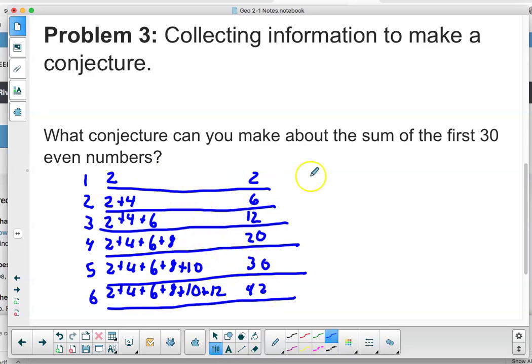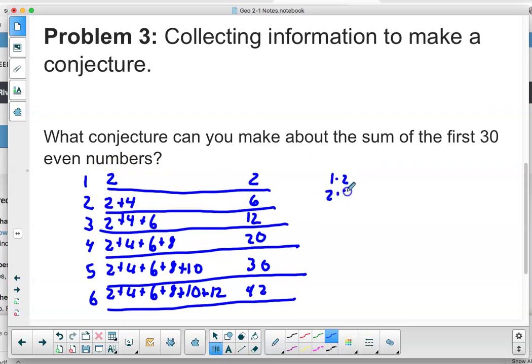Now at this time, you should have a pretty good idea what's going on. Okay, I have a conjecture that my first one times 2 is 2. My second one times 3 is 6. My third one times 4 is 12. So the first 3 is those 3 times 4 is 12.